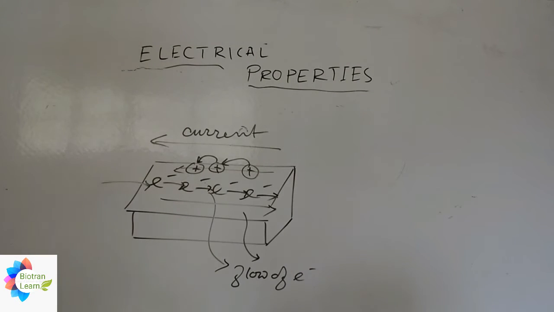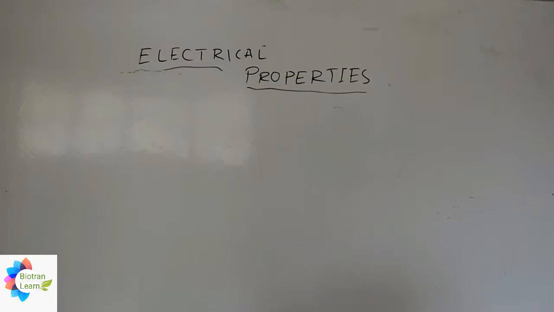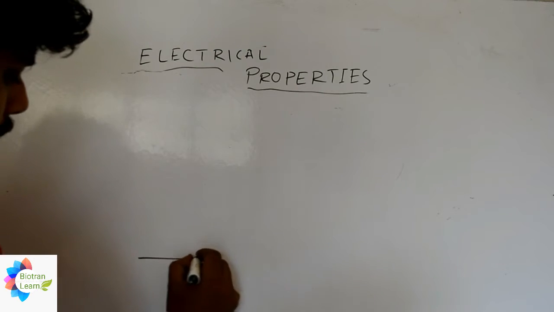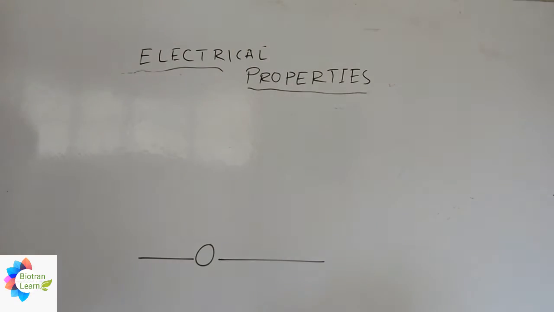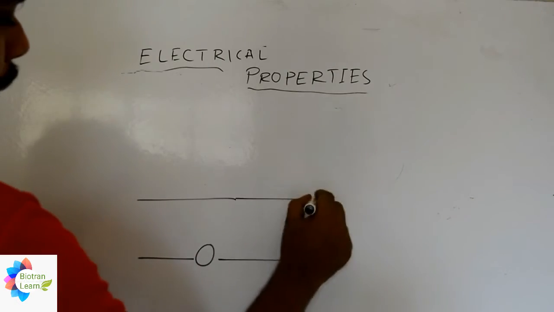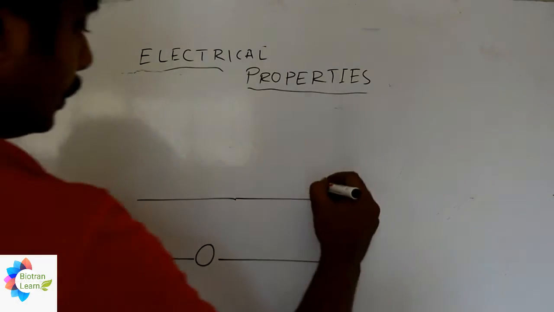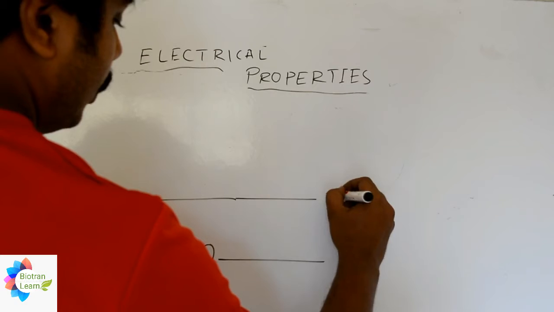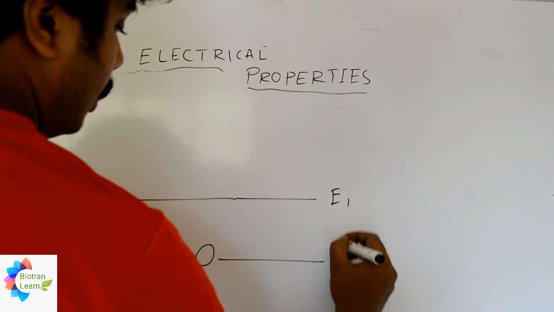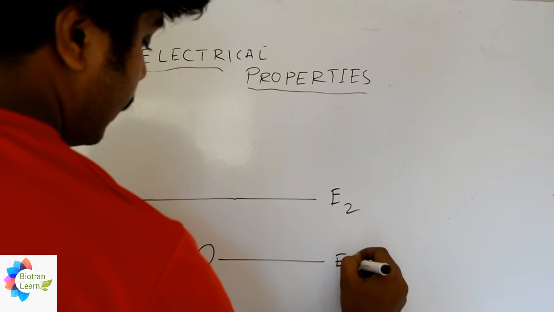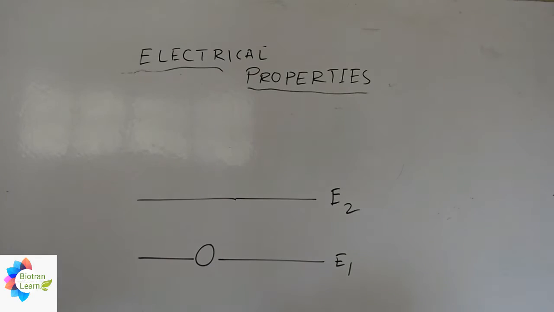Now let's see what the different kinds of conduction bands are and how these conductions work. Suppose we draw a line, and our electron was in here, and then this is another band, this is energy level E1, and this is E2.